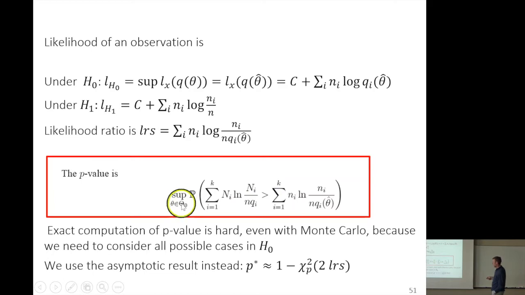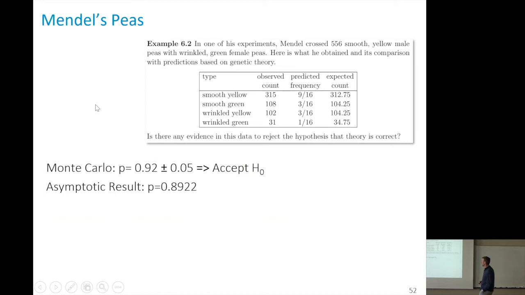When theta 0 is a single value, we can do Monte Carlo. Otherwise, a simpler thing is to use the asymptotic result. If the number of data points we have is not very small, we know that this is approximately chi-square with p degrees of freedom, where p is the difference in dimension between H0 and H1.